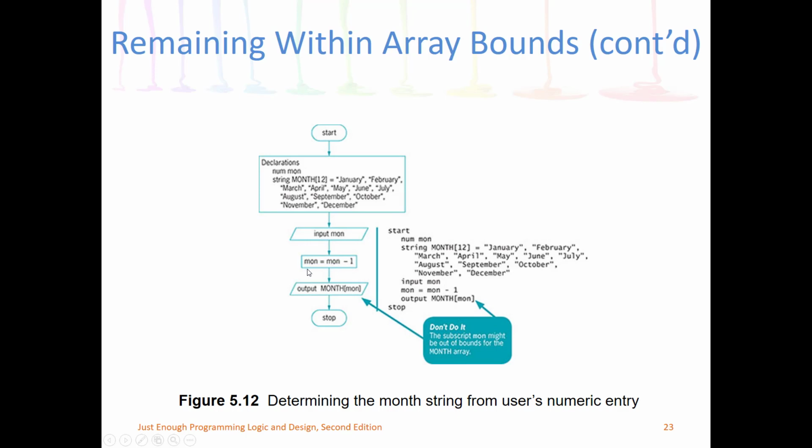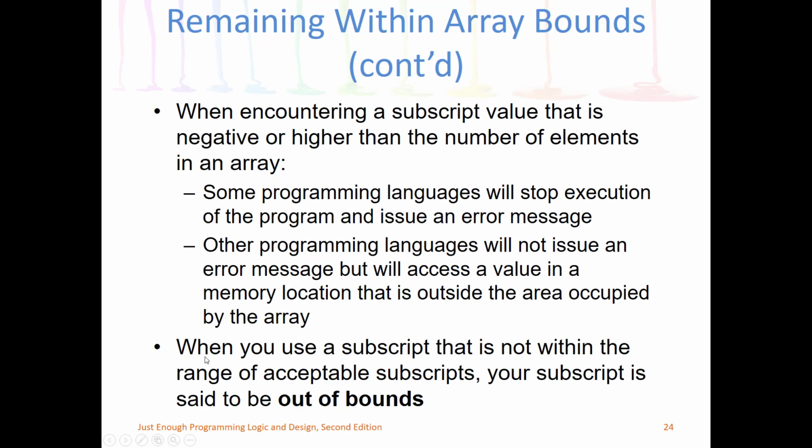So what we're doing here is subtracting 1 from the month, and that will put you at the correct location because January is at index 0, not index 1. February is. So if you just took month and stuck it in here, it would give you February when they typed in that they wanted the first month, which is January. So that's that off by 1 thing I was talking about. That's what they're doing there.